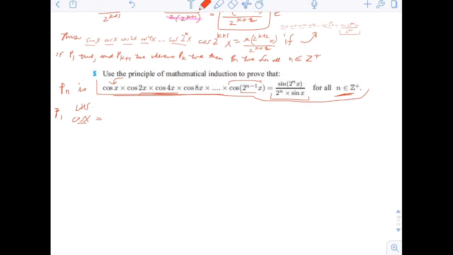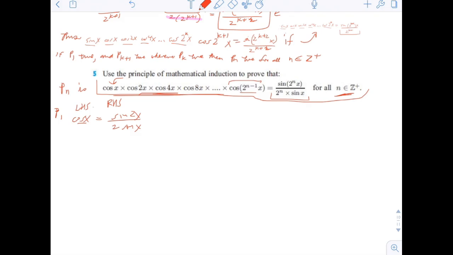On the right-hand side, if we put n equals 1, we'll have sine of 2x over 2 times the sine of x. So this is 2x. It looks like I wrote 3x, doesn't it? Sine of 2x divided by 2 sine of x.